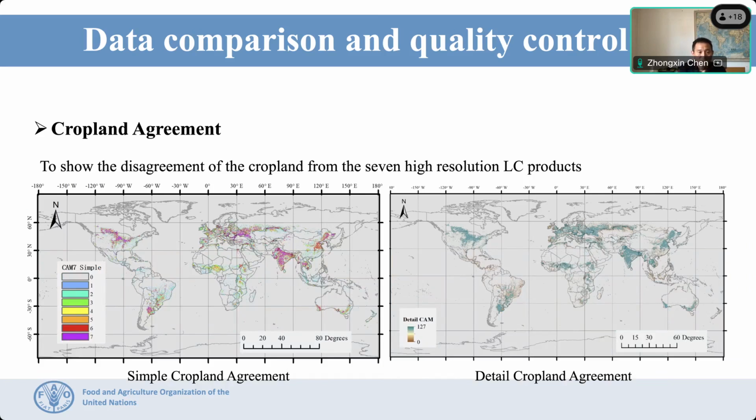The blue one is only one. You can find there is a lot of disagreement, especially in Africa, Southeast Asia, Latin America, and also some parts of Europe. The right map shows the detailed cropland agreement, and it tells the same story.